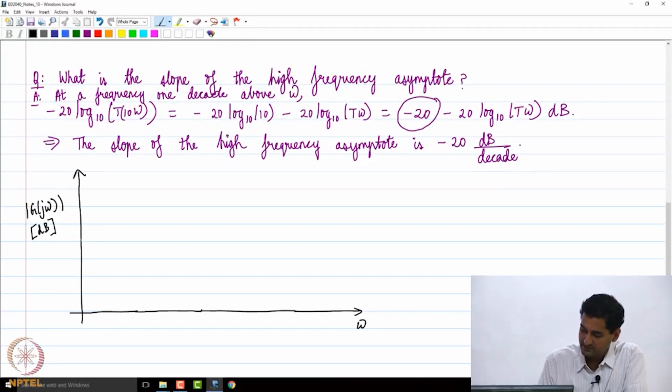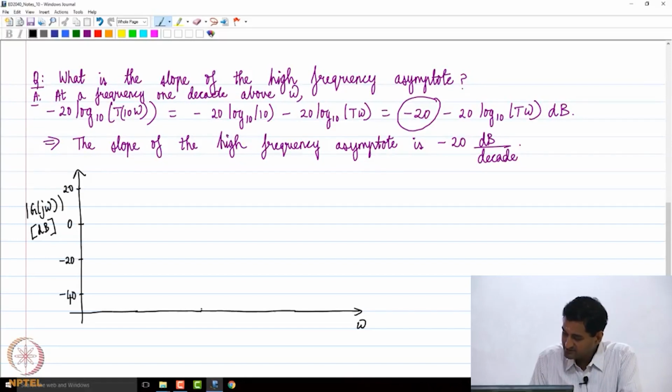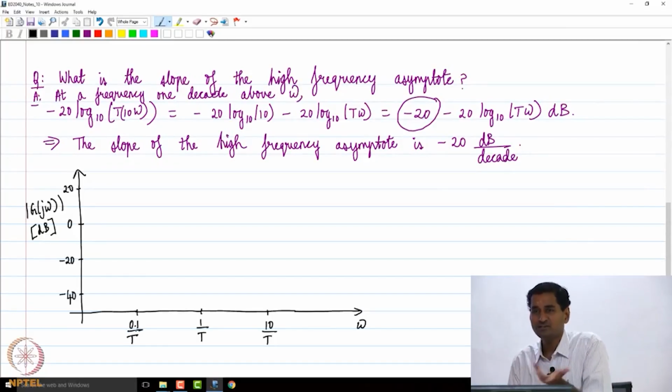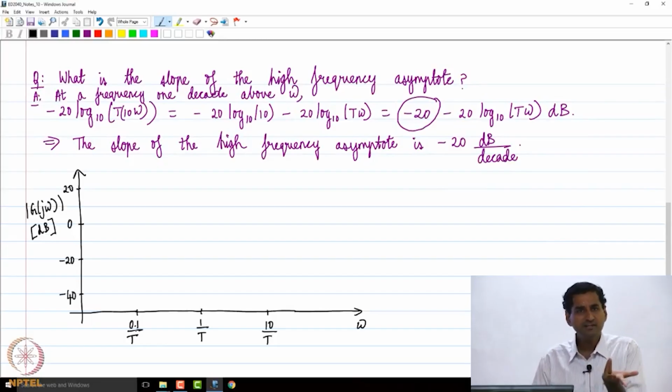Let's say this I call 0, this I call minus 20, then minus 40 and so on. Similarly, let us take a frequency 1 by capital T, a frequency 10 by capital T, and a frequency 0.1 by capital T. I am just looking at a region 1 decade above and below the corner frequency.